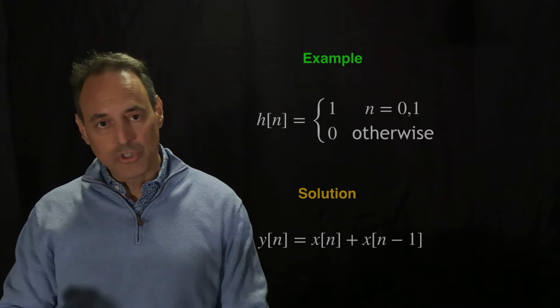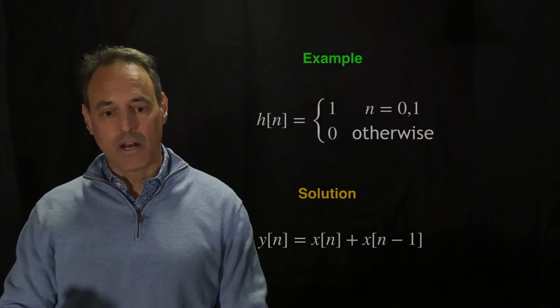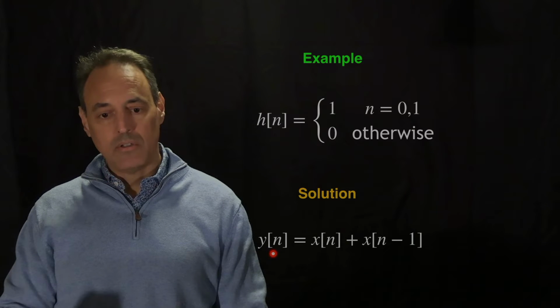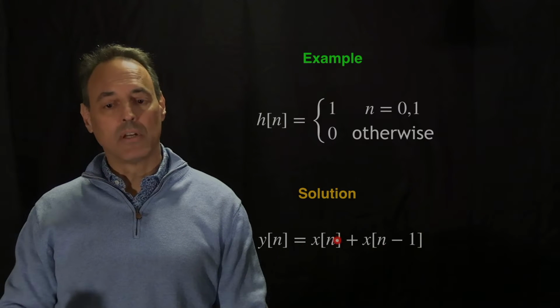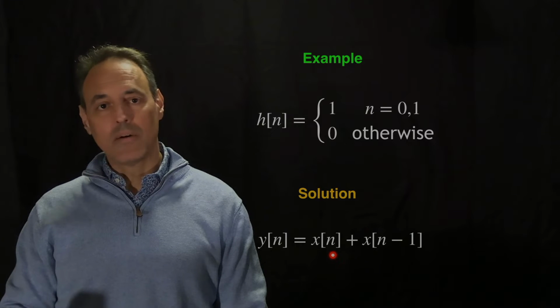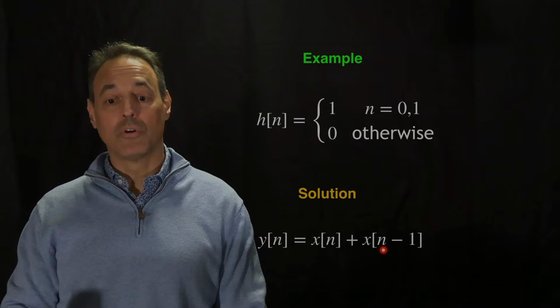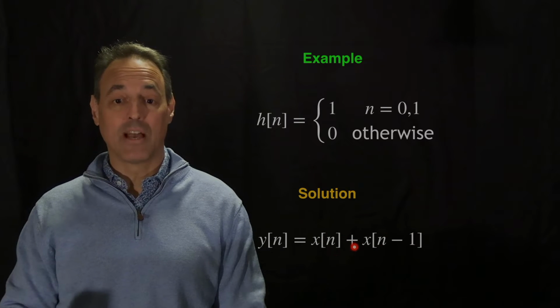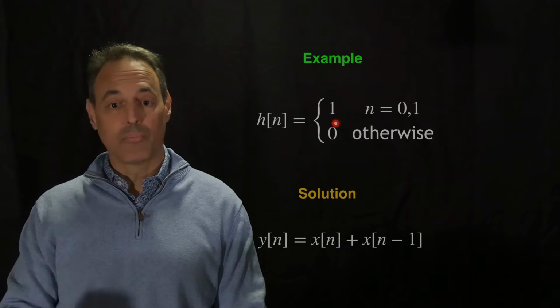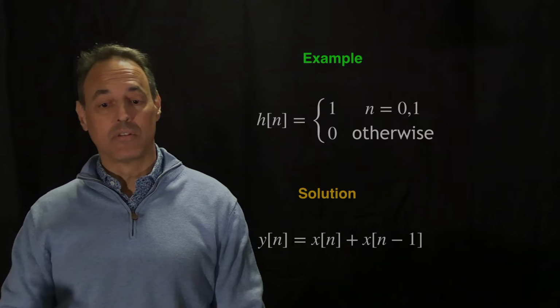Then my solution is pretty simple to construct. Y of n is going to be something like this. This only comes on for 2 time points, at n equals 0 and n equals 1, so I can just add these together, because all it's going to do is multiply my signal by this amount here.